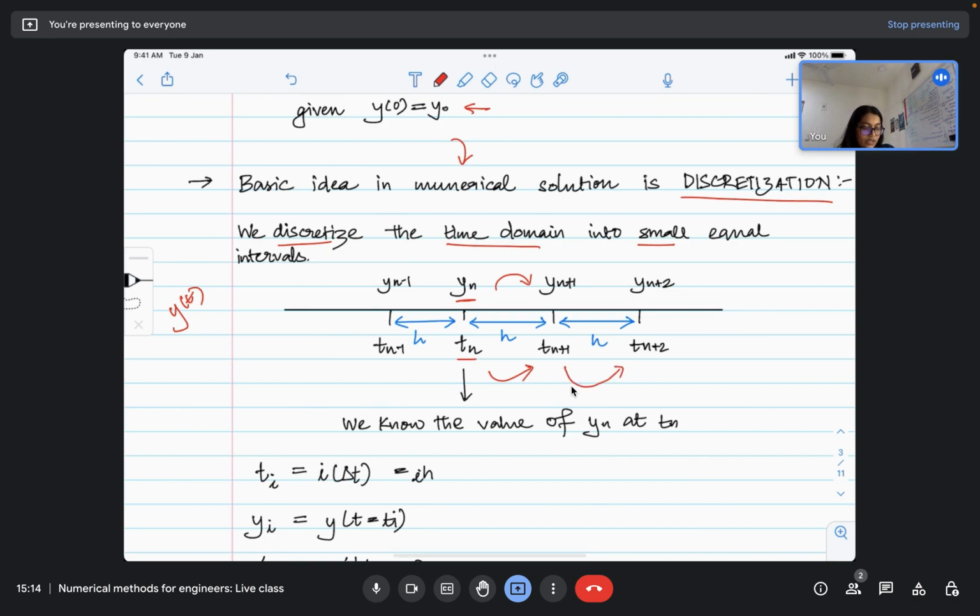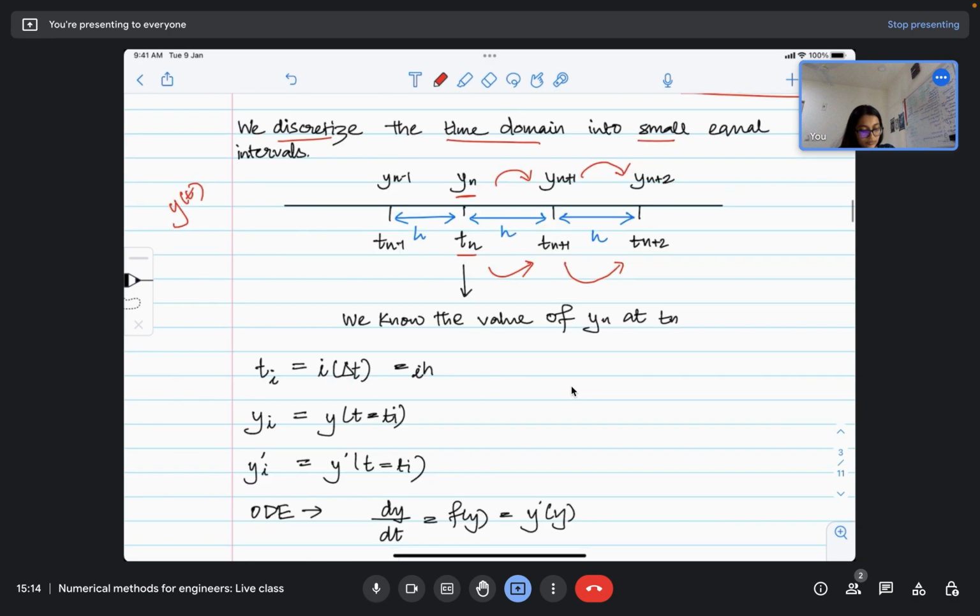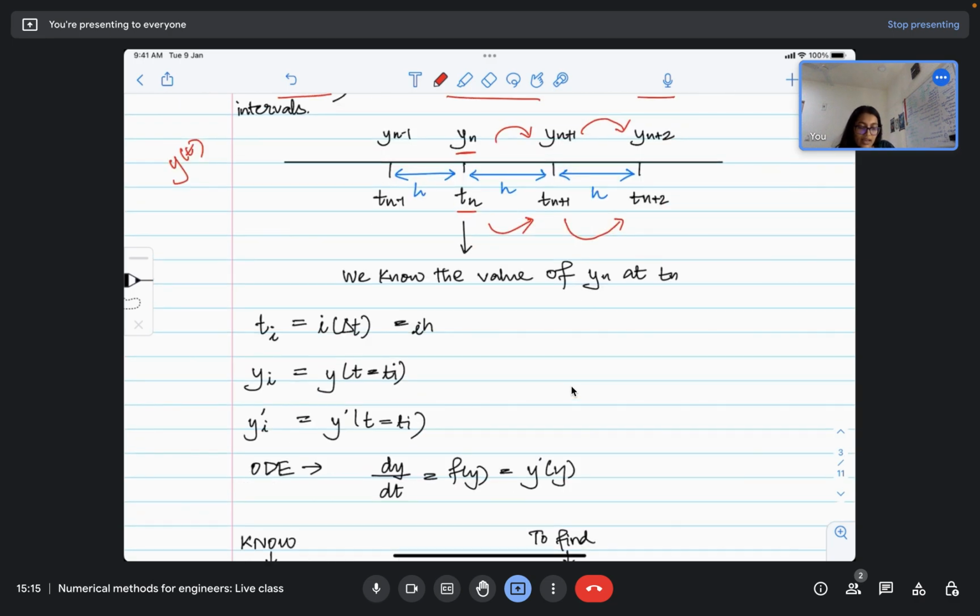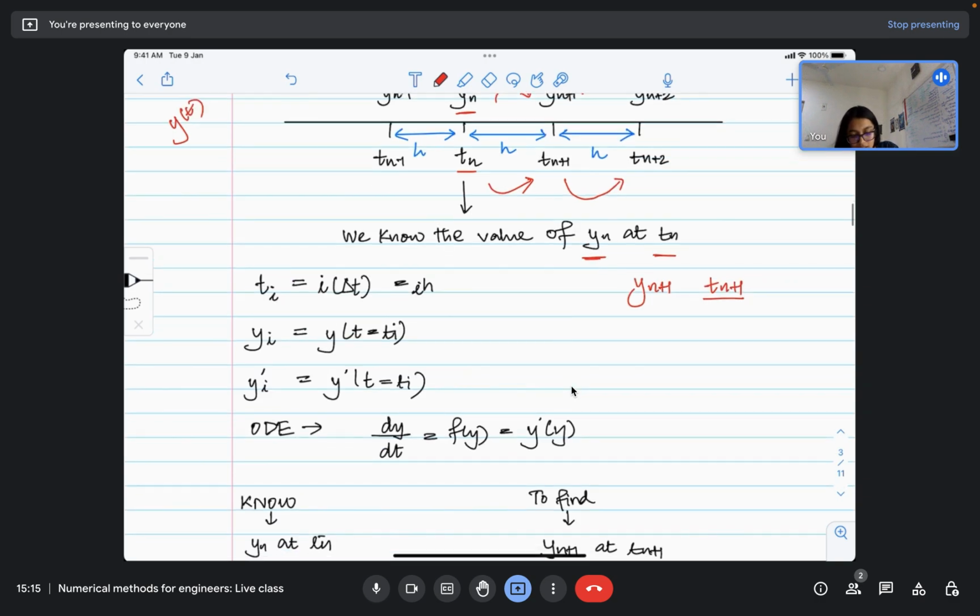So yn plus 2 at tn plus 2. The intervals in which this t is distributed, or we have broken it into small intervals, are spaced out by a value of h. Now we know the value of yn at tn, and we are interested in finding out yn plus 1, which is the value of y at tn plus 1. Now let us understand at which point of time we want to find out the value of y.